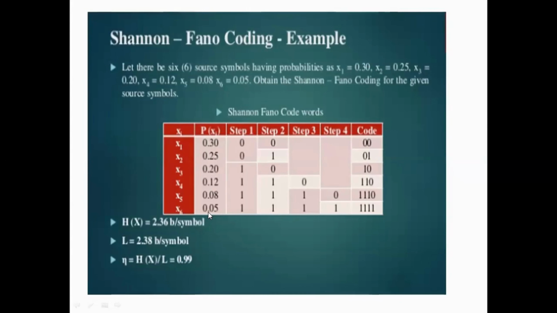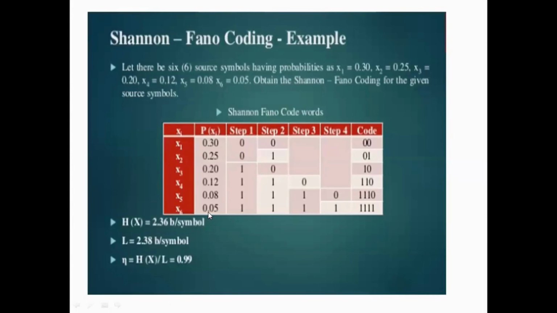In that case, first you have to list the probabilities in order from higher to lower. Clear? The first step is listing all the given probabilities of the source symbols from higher to lower number.